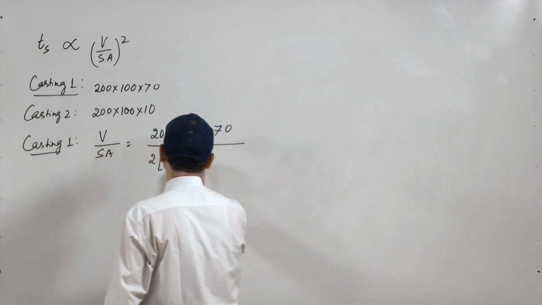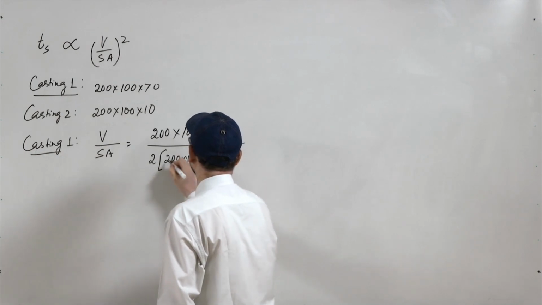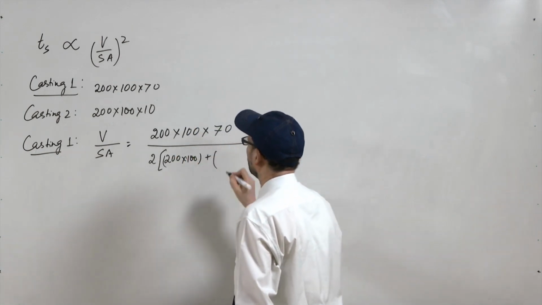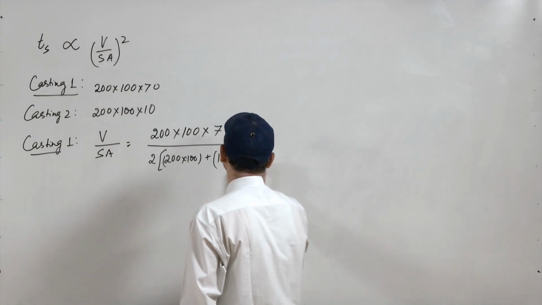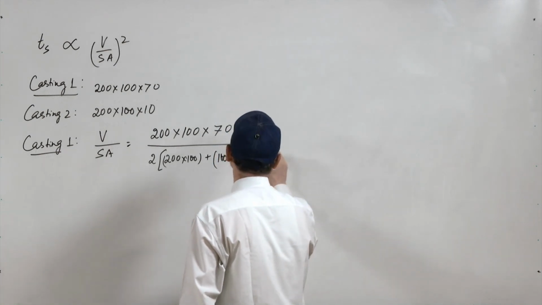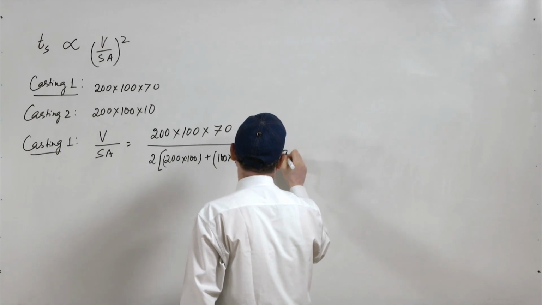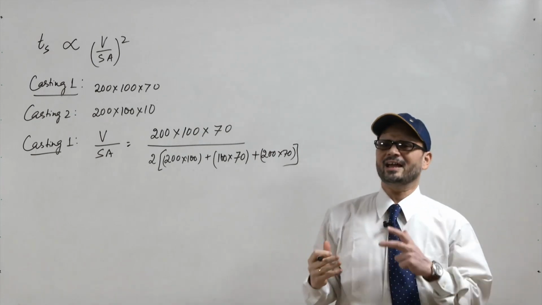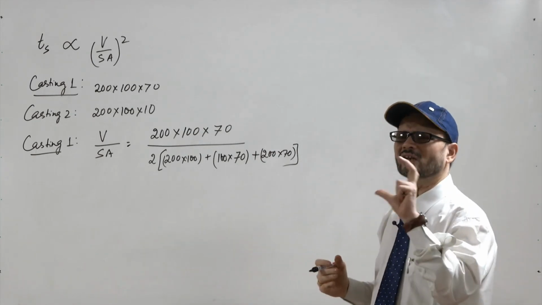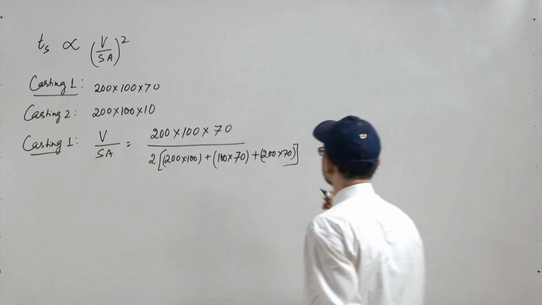200 into 100 plus 100 into 70 plus 200 into 70. So, 2 into LB plus BH plus LH, that is the total surface area of the casting.